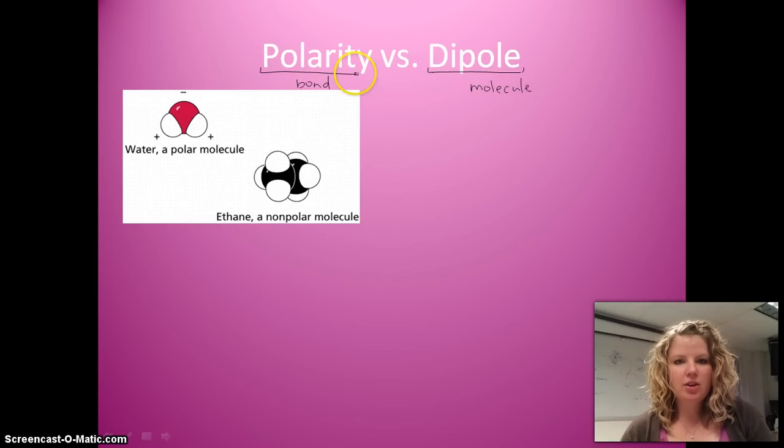Sometimes they're used incorrectly or interchangeably, but I think in most chemistry classes this is something that would clear up anything. So you can have water be a polar molecule. This means that the bonds are polar between them. So if we have water out here, okay, this bond from here to here is in fact going to be polar.